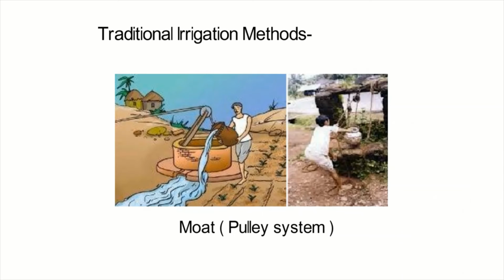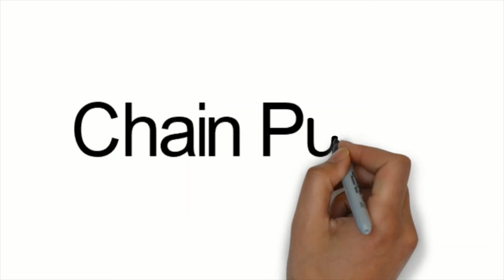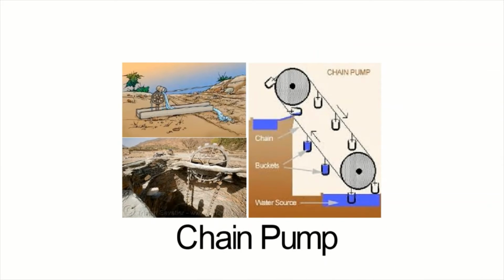As we can see, the water is pulled out of the well and through canals will reach the field. Next is the chain pump, in which two wheels are connected, and in between the wheels buckets are connected through chains, which pull the water to the required area.